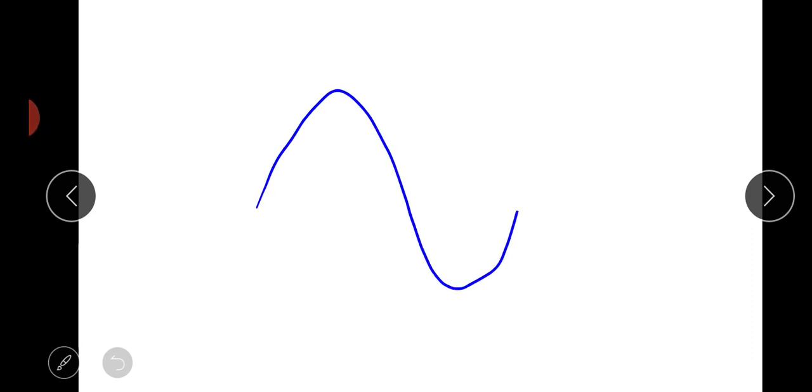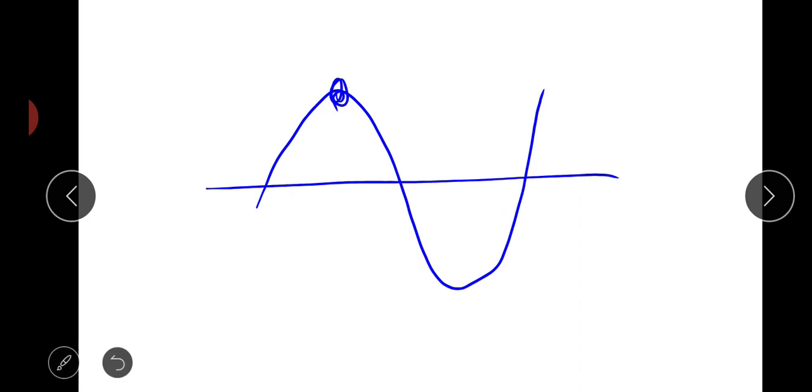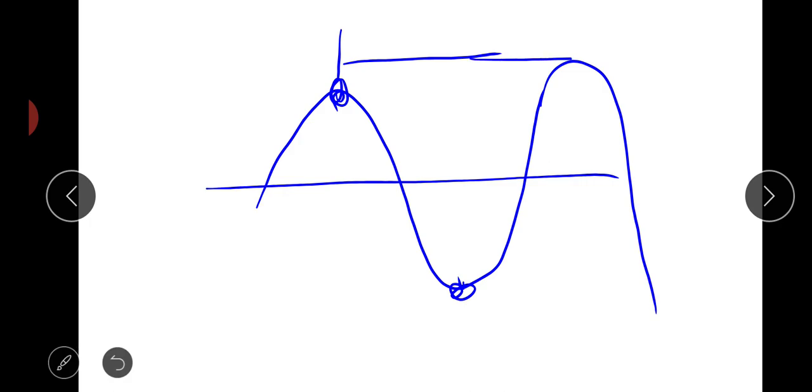These electromagnetic waves have something called a crest and a trough. The highest position on top is called the crest, and this is called a trough. The distance between two consecutive crests is called a wavelength.